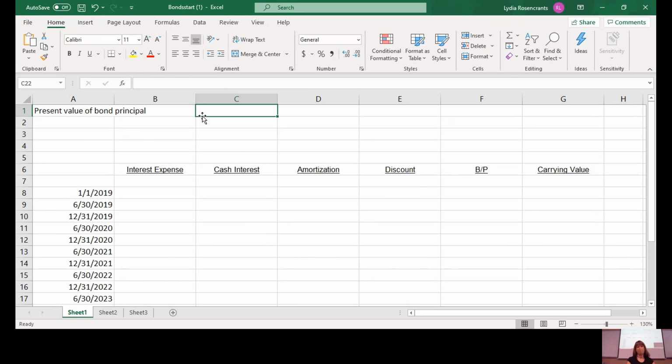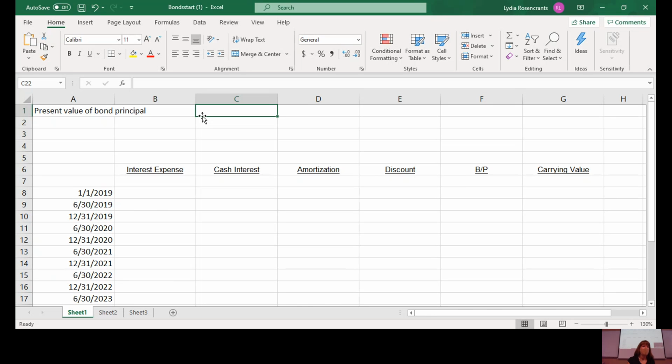Okay. So the bond principal is how much? What's the principal amount? 80,000. So the loan amount itself, without any interest, is called the principal. And that is 80,000 in this case.